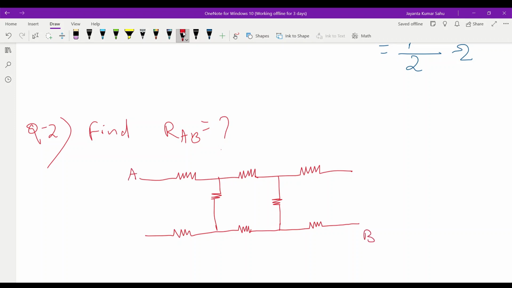A and B. Here 1 ohm is available: 1 ohm, 1 ohm, 1 ohm, 1 ohm. All values are 1 ohm. Then how do we calculate the equivalent resistance between A and B?